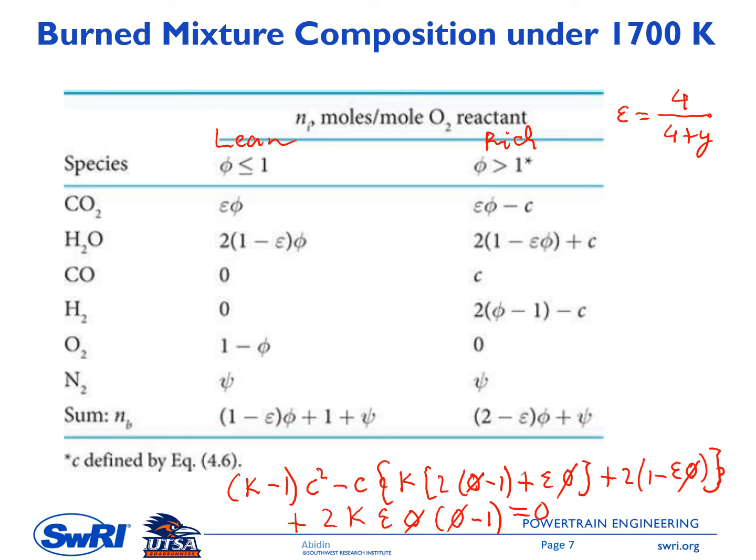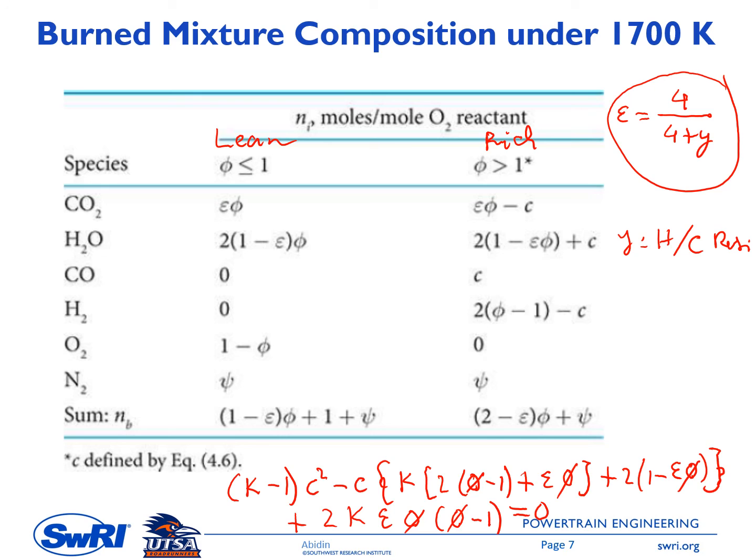So we have K equals 3.5, and phi is given, whether this is 0.9 or 1.1. Then from this equation you should be able to get c, and epsilon once again is calculated using this formula, and y here is the HC ratio.